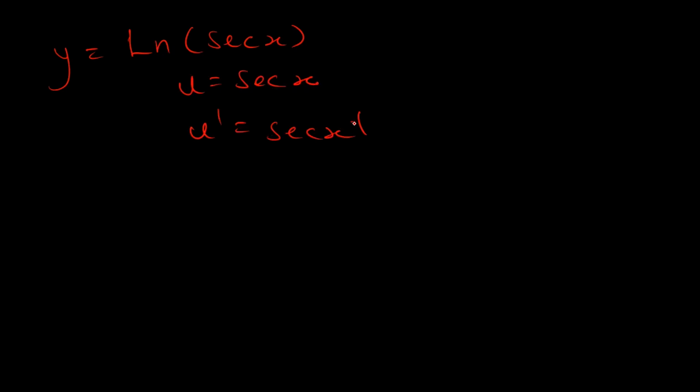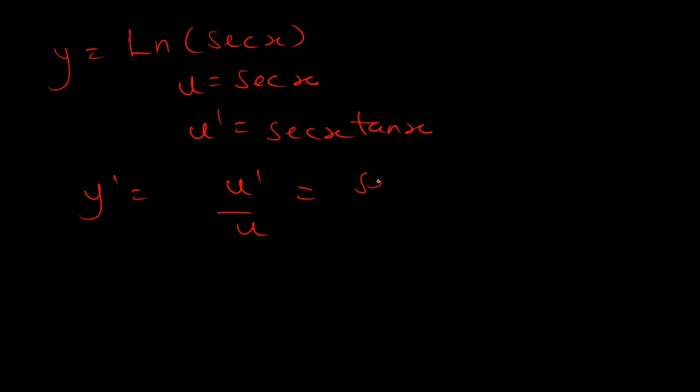y equals natural log of sec x. How are you going to differentiate this? So our u is sec x. Our u prime is what? When we differentiate sec x, we have sec x tan x, right? So our y prime or dy over dx is going to be u prime over u.